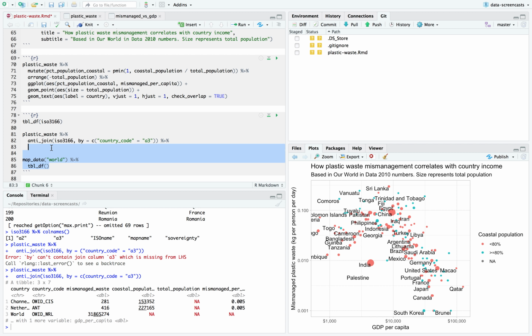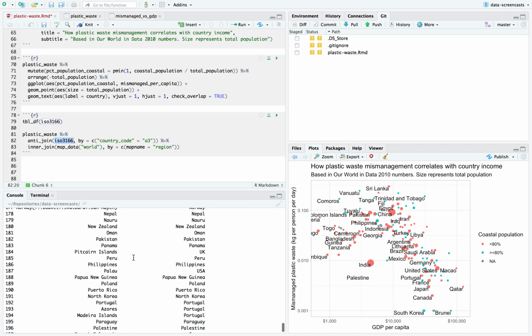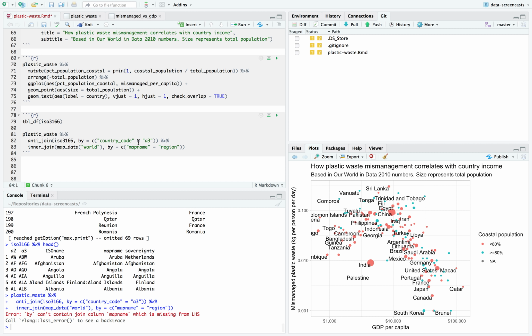Now that we've done that join, we can inner join to map data world by map name equals region. It's not map name. I wonder what I'm missing here.